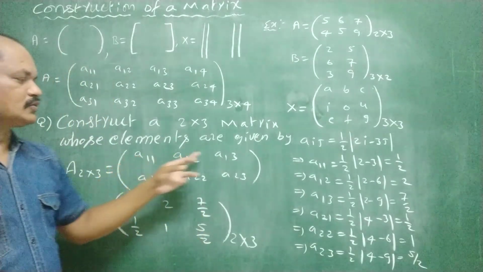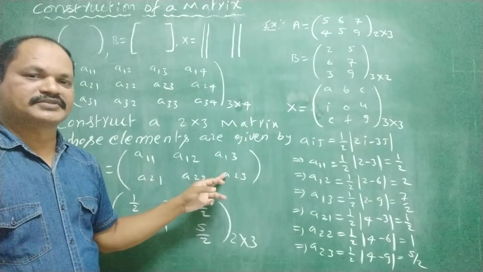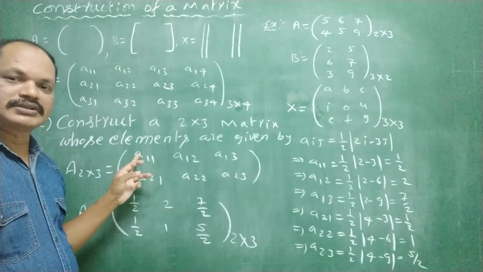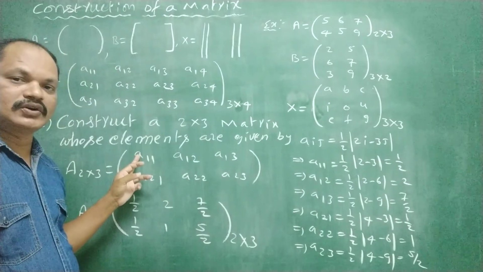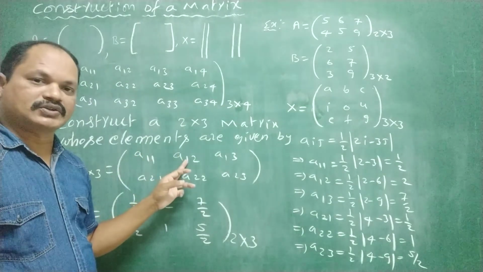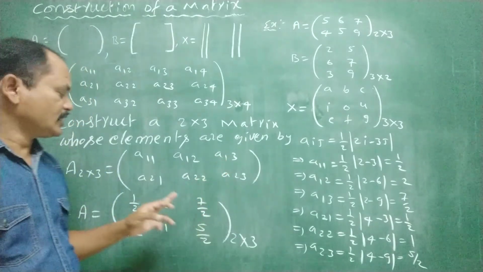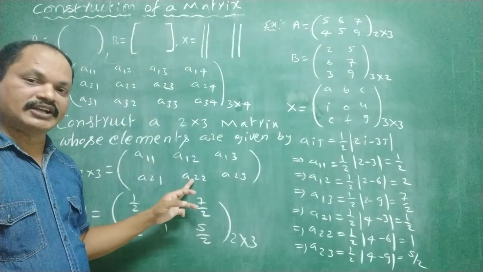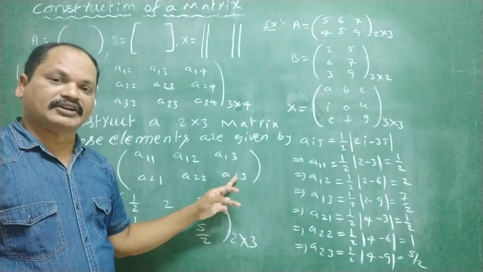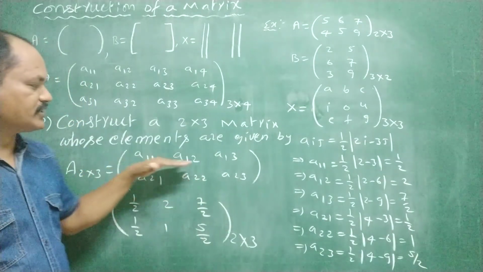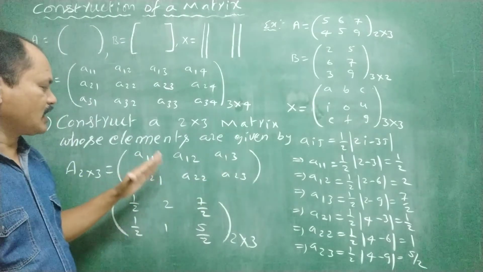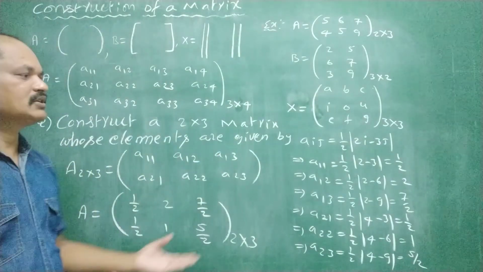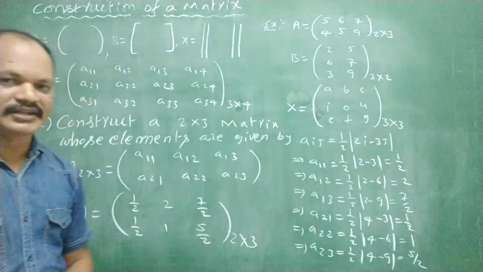This is A11, the element in first row, first column; element in first row, second column; element in first row, third column. This is the element in second row, first column; in second row, second column; in second row, third column. So this is the construction of the matrix from the given condition. Okay, that's all.